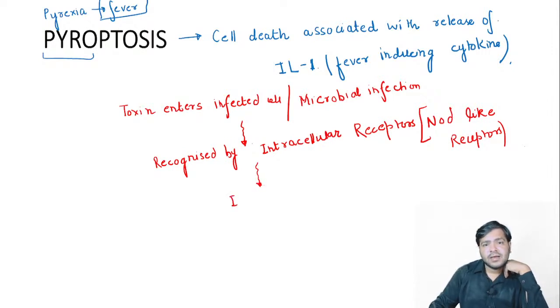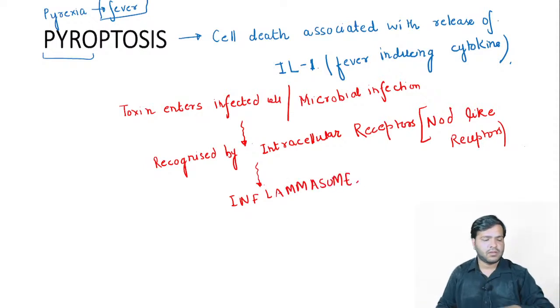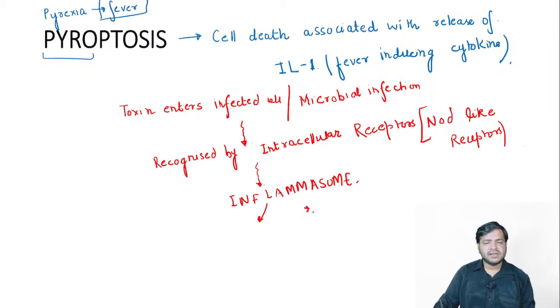There is a production of a structure that is called inflammasome. Now this inflammasome leads to activation of two caspases, caspase 1 and caspase 11.